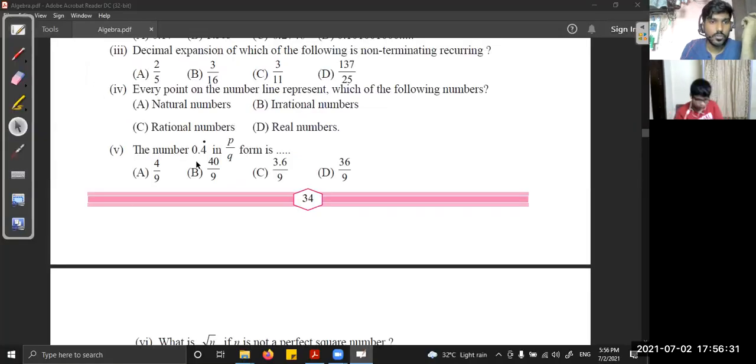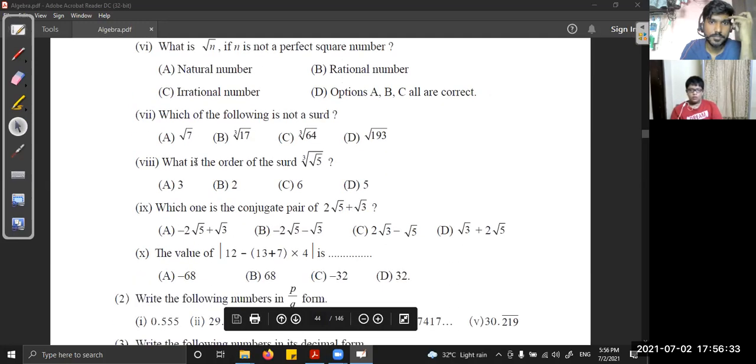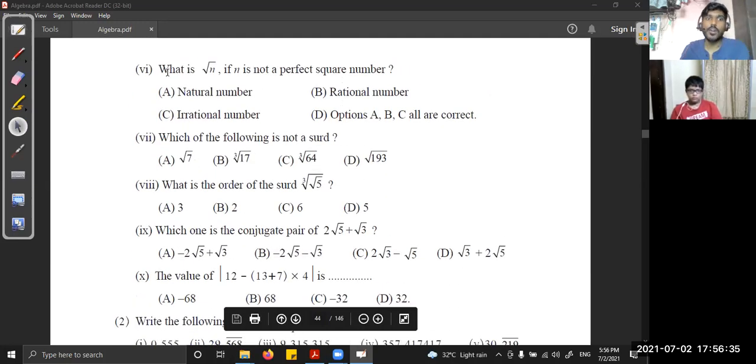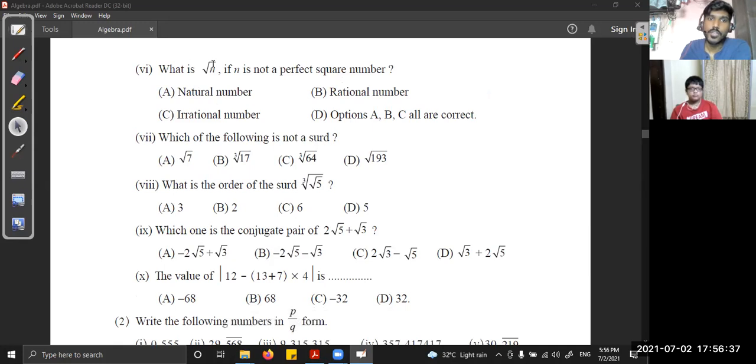Okay. So from here, what is root n if n is not a perfect square? This you can tell me. If this is not a perfect square, then what type of number is it called?